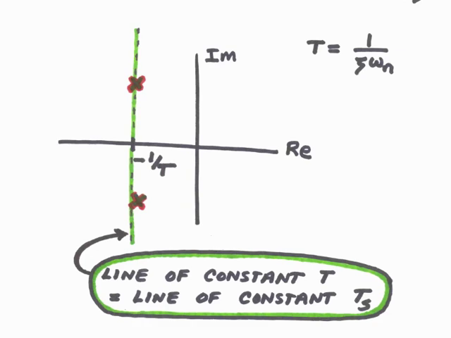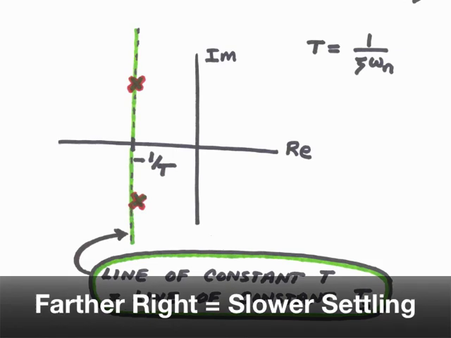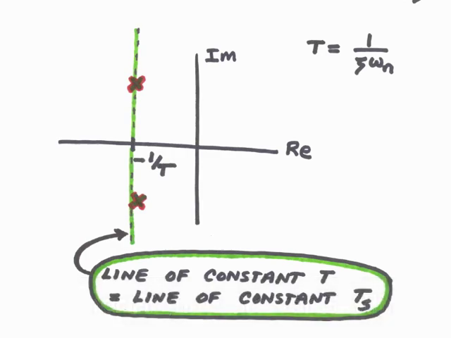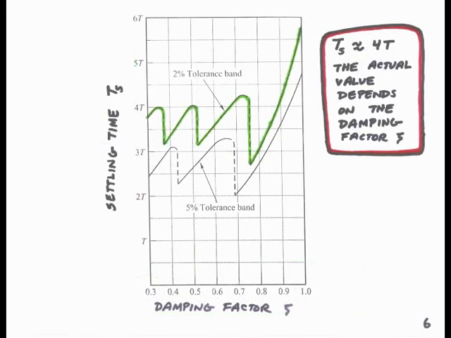As the poles move closer to the imaginary axis, farther to the right, the settling time will become larger. Now the settling time isn't precisely equal to 4 times the time constant. It's actually dependent upon the value of the damping factor, zeta.